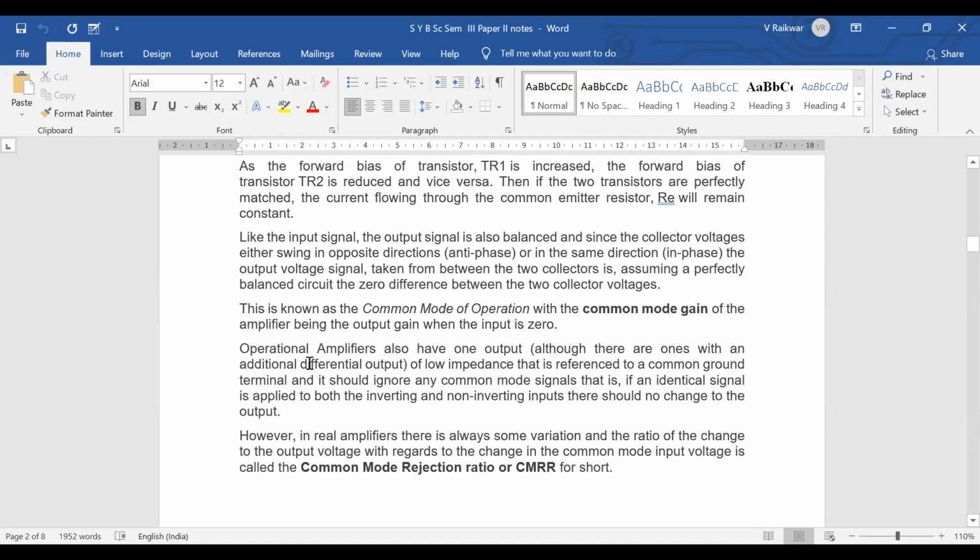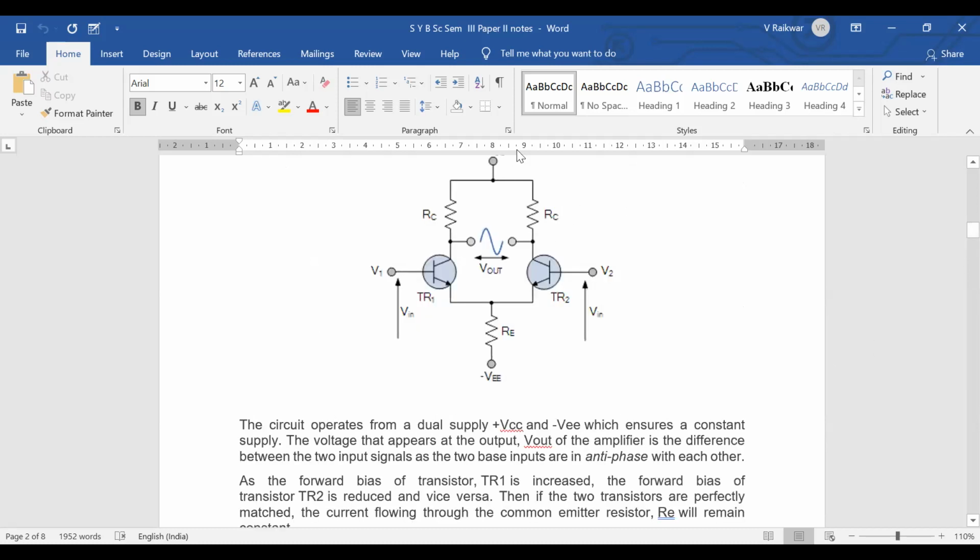And operational amplifiers also have one output, although there are ones with an additional differential output. We can take only one output from this. Here, only one, we do not take the output from the collector of transistor 1, but for single-ended output we have to take the output from the collector of the second transistor TR2.